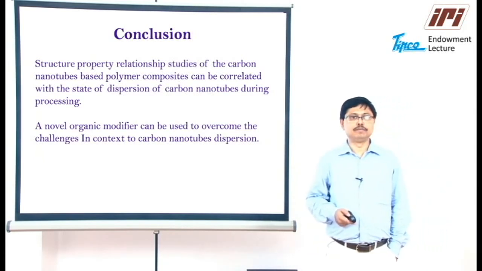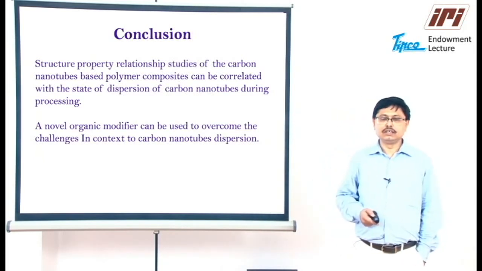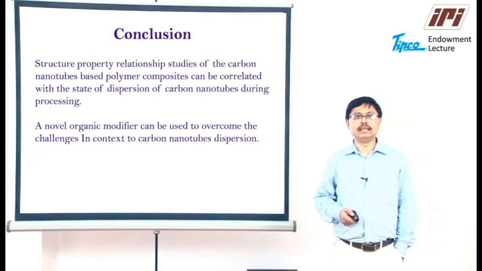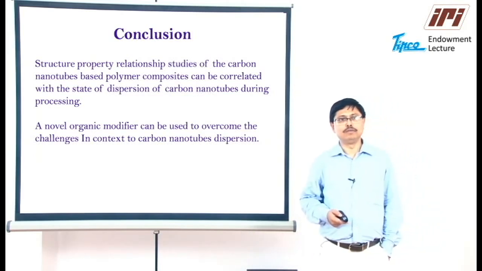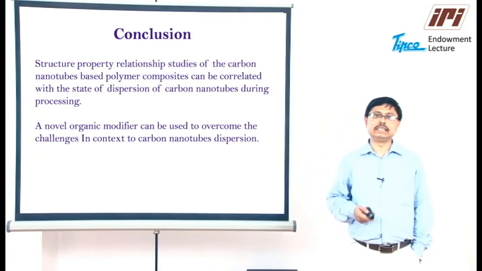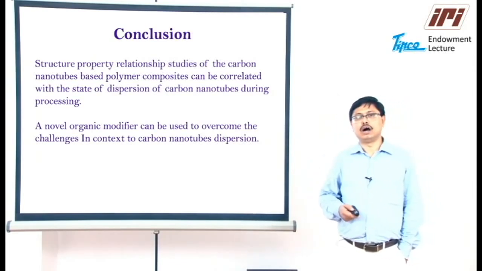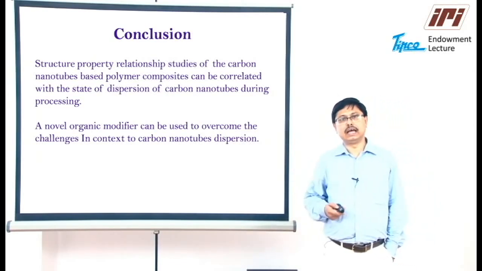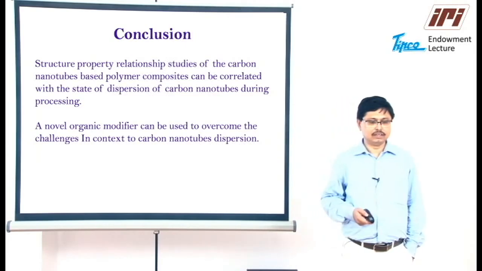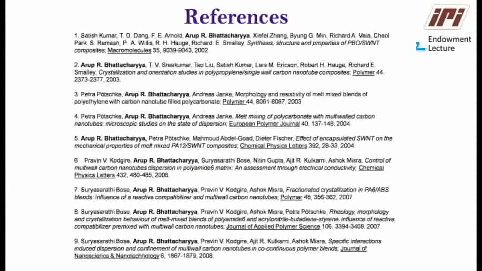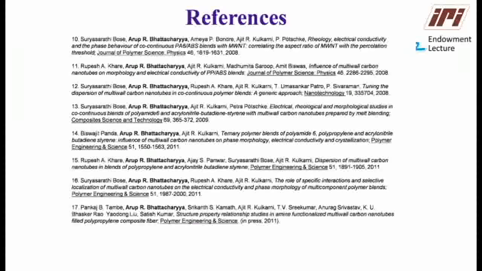Overall, I would like to comment that tuning the dispersion and the interface formation in polymer carbon nanotube composites is the key to improving mechanical properties and other properties as well. There are various references from our group and from various other research groups. I have given a few publications from our group in recent times.